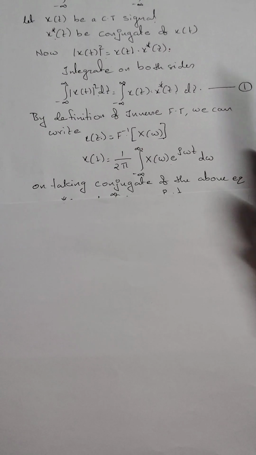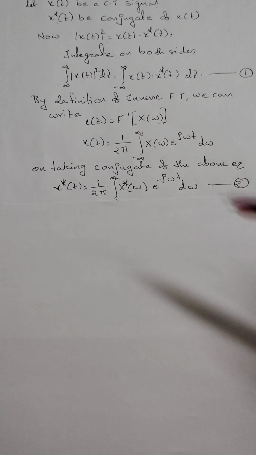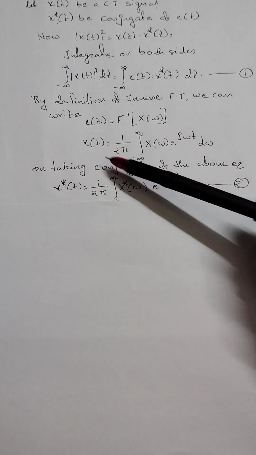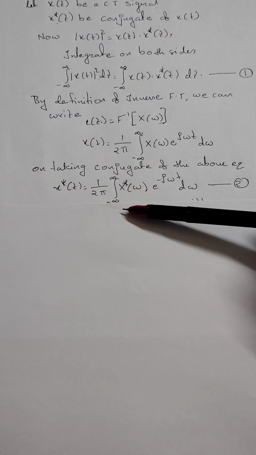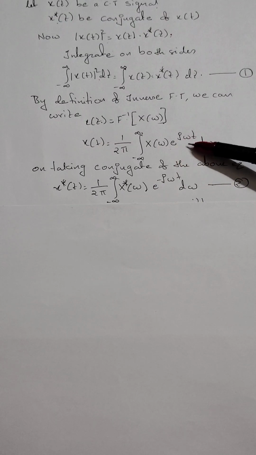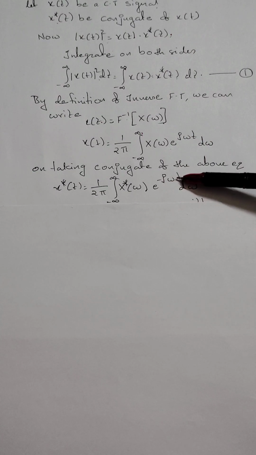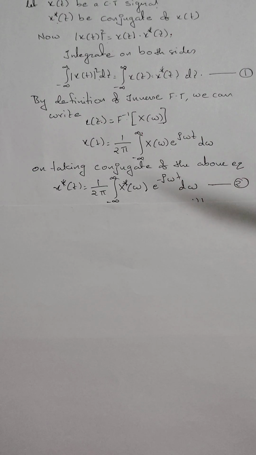Now by taking the conjugate of the above equation, you get x*(t) is equal to 1/2π integration from minus infinity to infinity of X*(ω) e^(−jωt) dω, since applying the conjugate to e^(jωt) gives e^(−jωt). Keep it as equation 2.